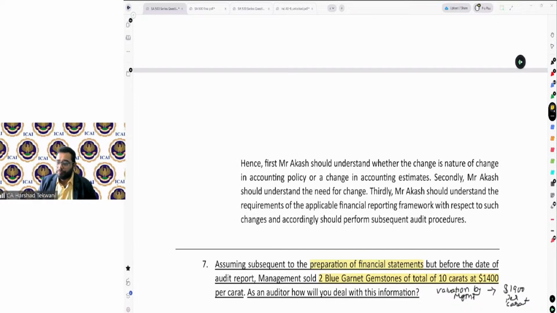Now, what will you do with this information then? Tushar and Janvi, what will you do with this information? How should the auditor deal with this information?